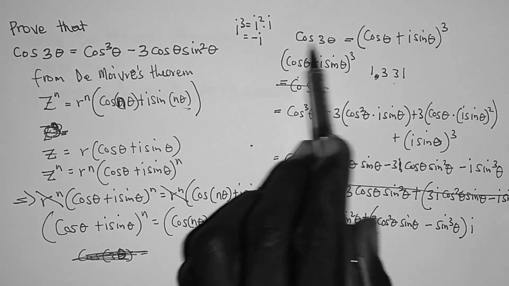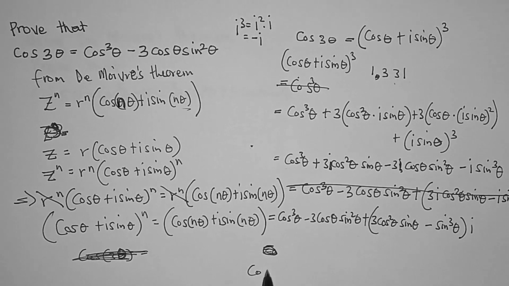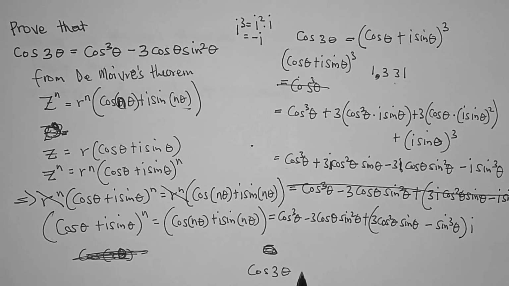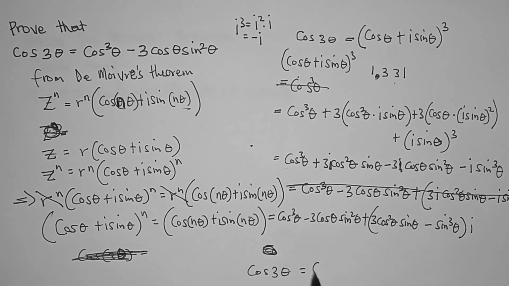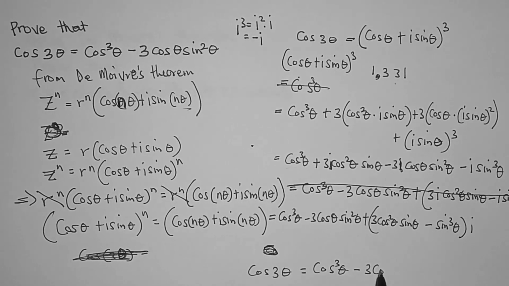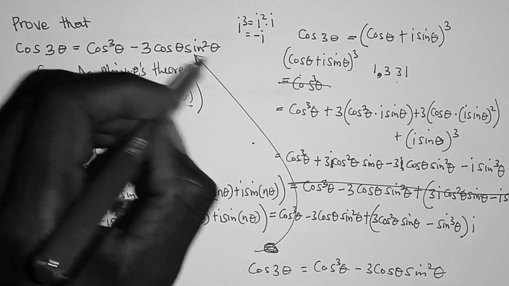If we compare the real part to the real part of this, you can see that cos 3 theta is equal to cos cubed theta minus 3 cos theta sine squared theta. And that is exactly what we're asked to prove.